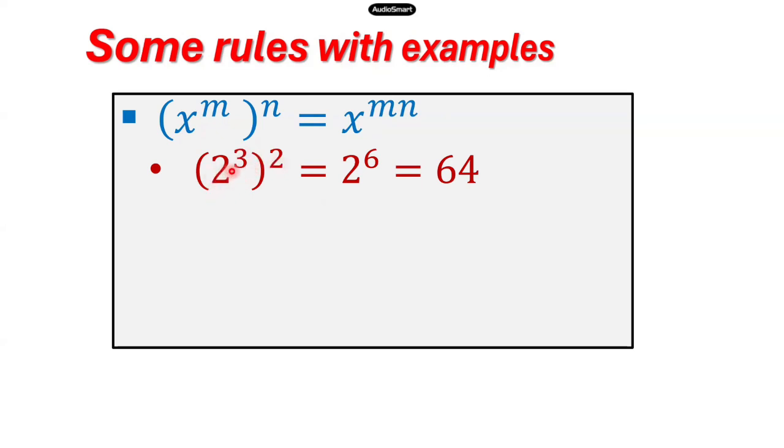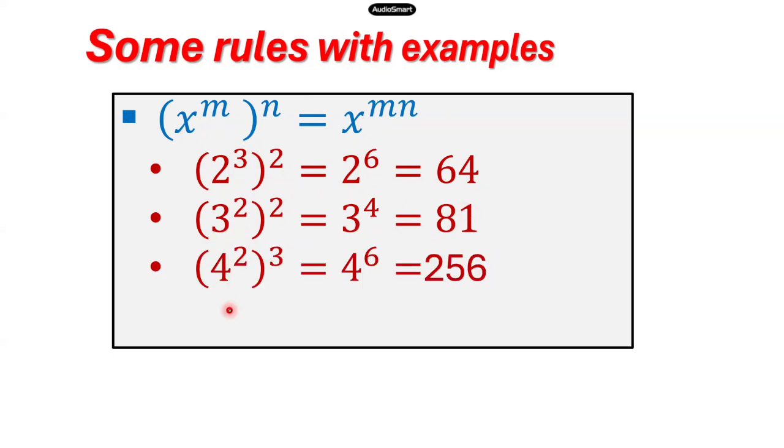Then it will be 8 square, which is also 64. But the easy way to calculate it is to use this rule. So 2 to the power 3 and then power 2 is equal to 2 to the power 6, which is 64. 3 to the power 2, all to the power 2, will be the same as 3 to the power 4, which is equal to 81. 4 to the power 2, all to the power 3, is equal to 4 to the power 6, equal to 4096.